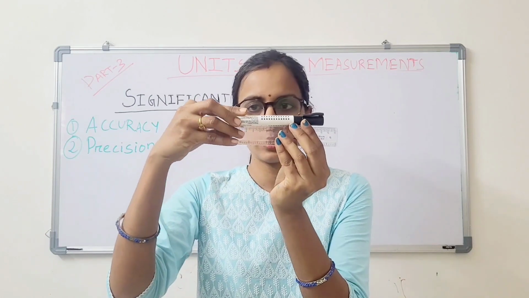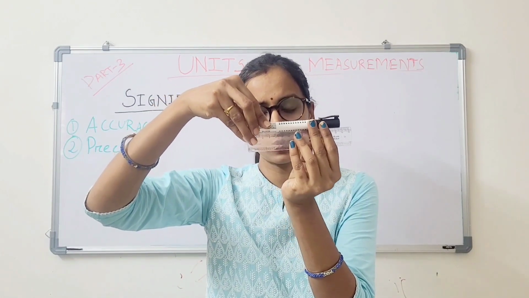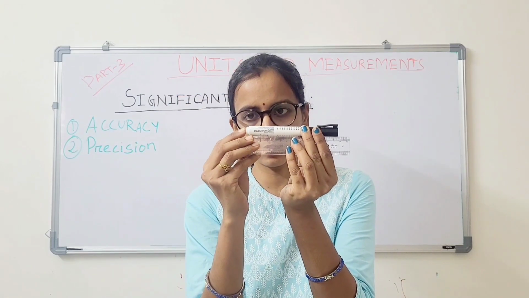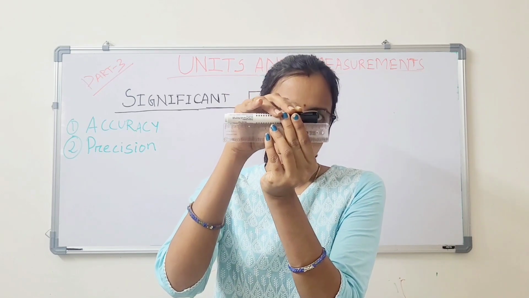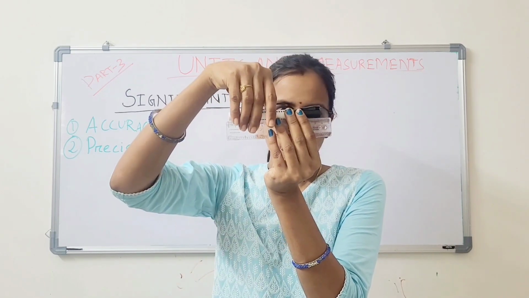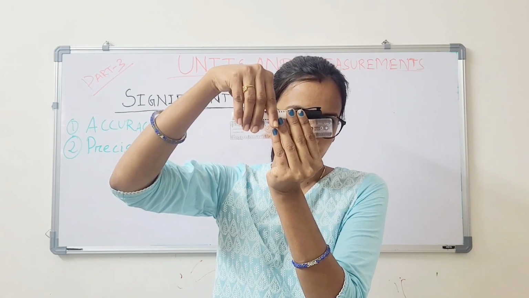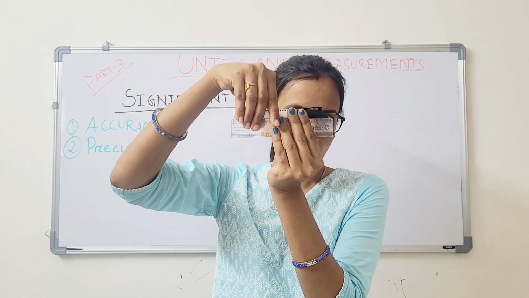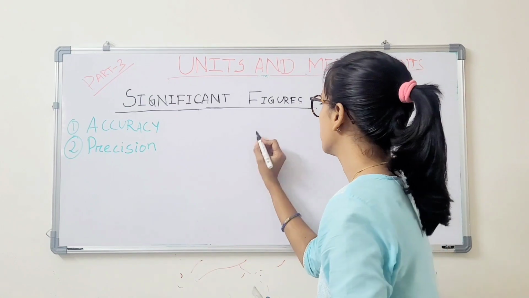I am coinciding this end of the marker with the zero of the scale and taking the reading, and the other end of the marker is meeting the scale like this. I will show you.